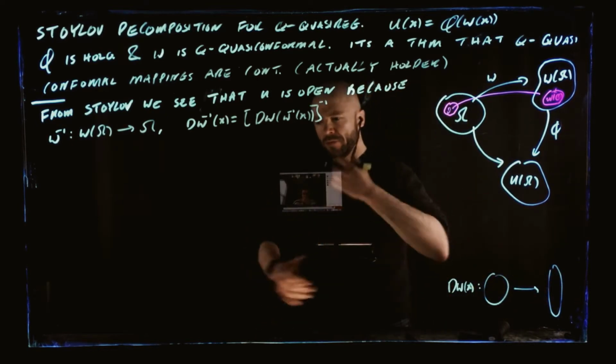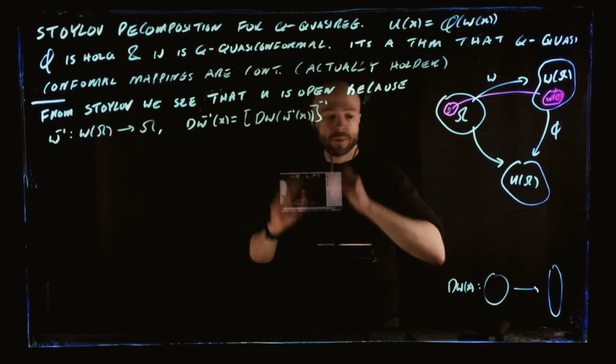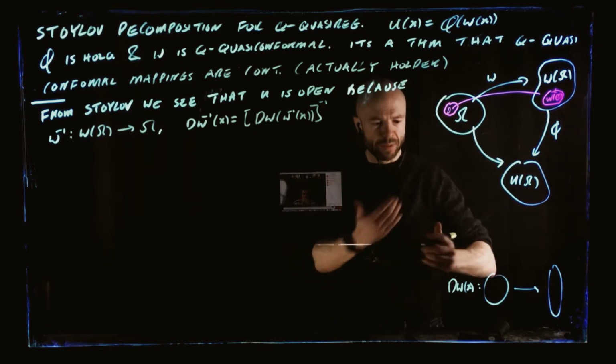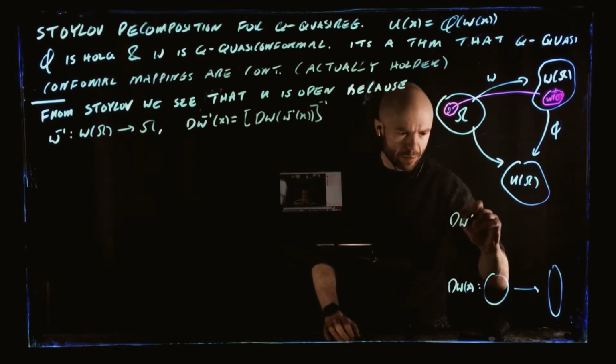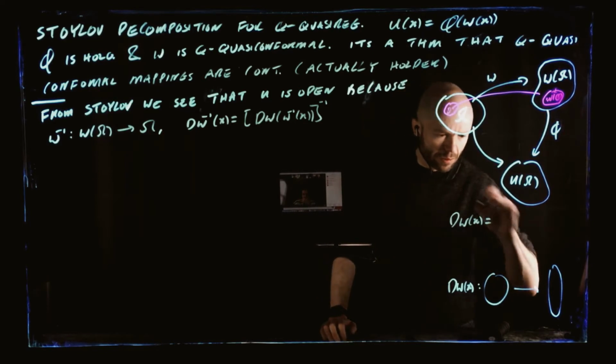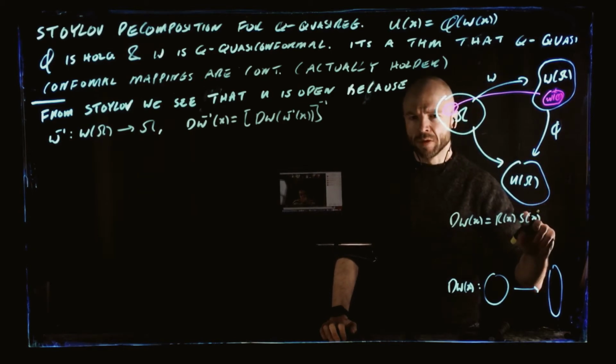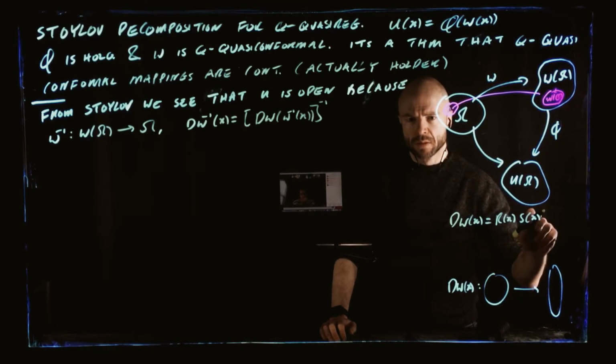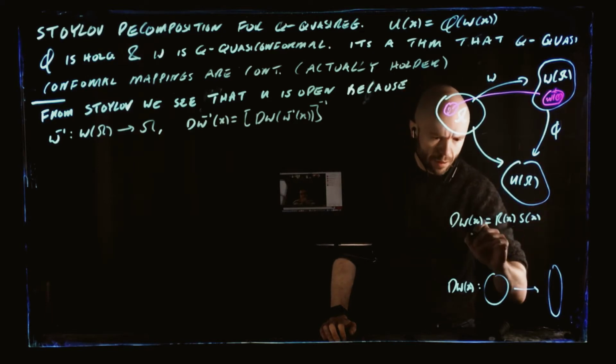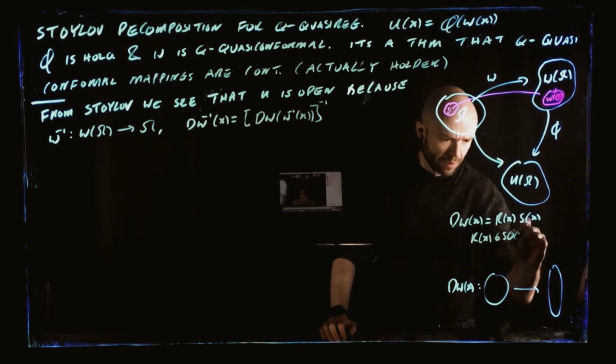So if we do polar decomposition, dW of x is equal to a rotation, let's call it r of x, and a positive definite symmetric matrix. Have you guys all seen polar decomposition of matrices? Put a thumbs up if you have seen that. Not everybody.